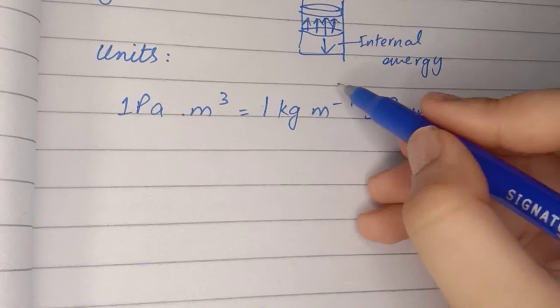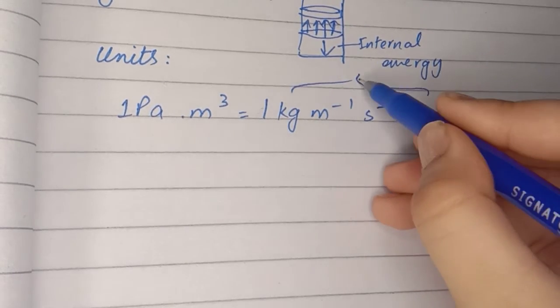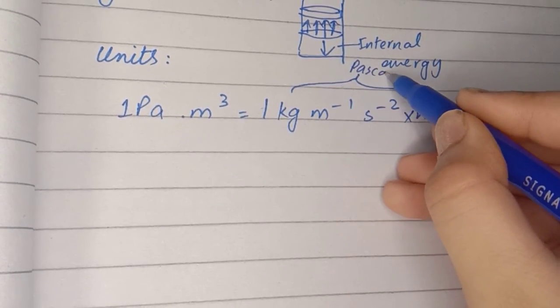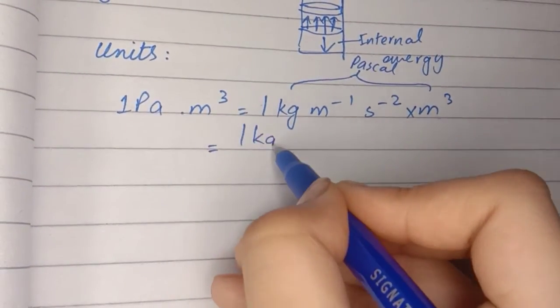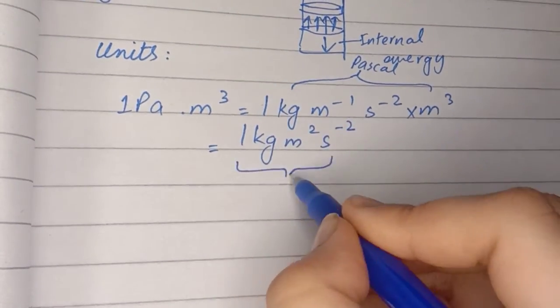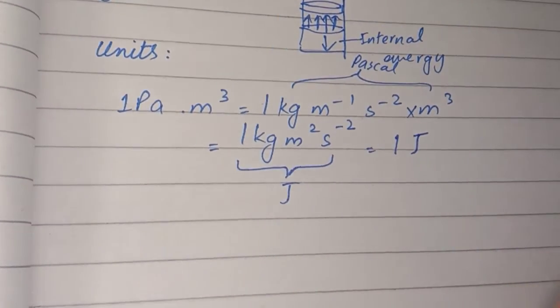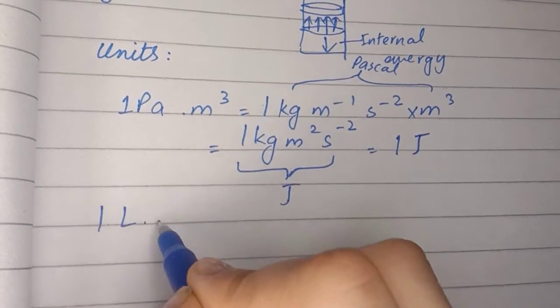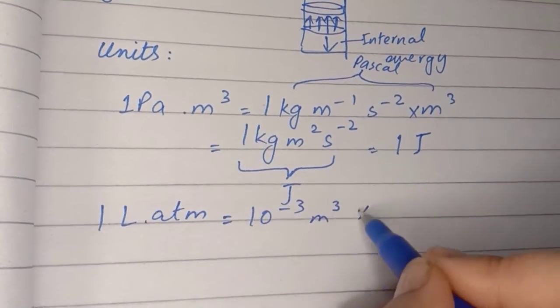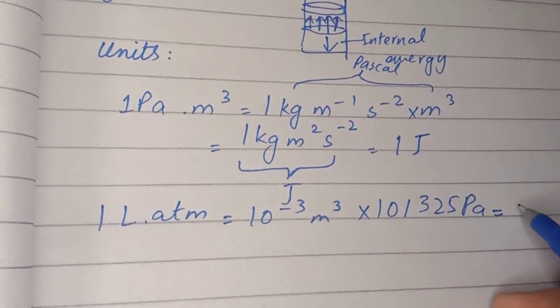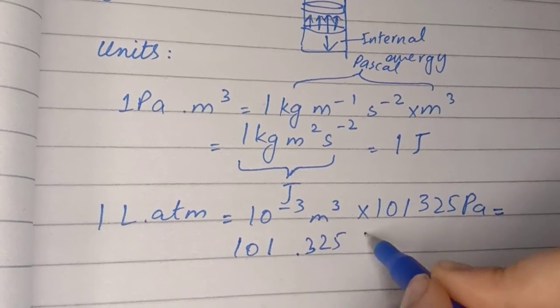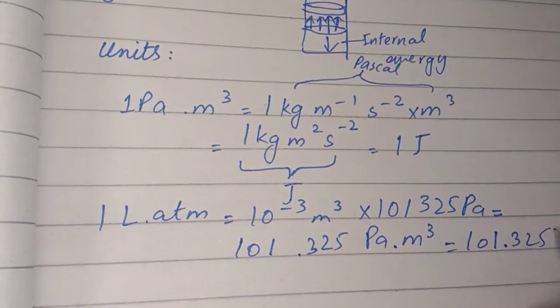Therefore, 1 pascal meter cube is equal to 1 kilogram meter per second square. And here are some conversions. It is equal to 1 kilogram meter square per second square, and which is equal to 1 joule.